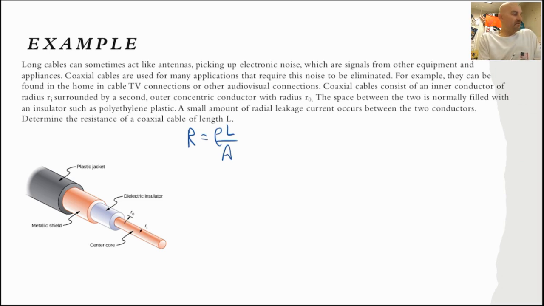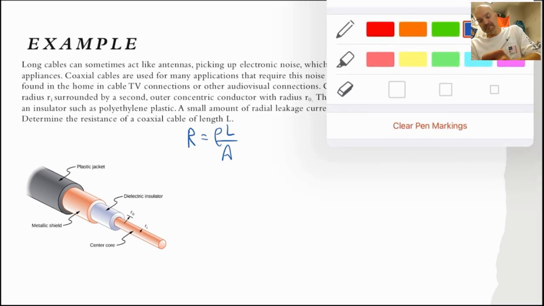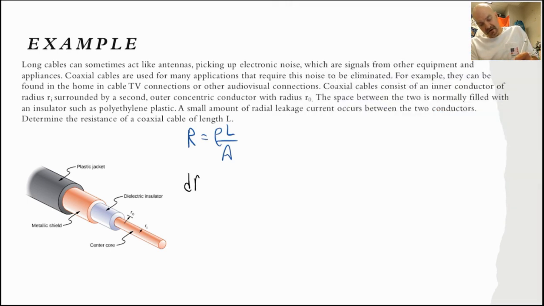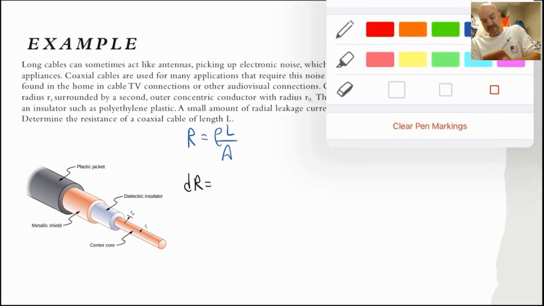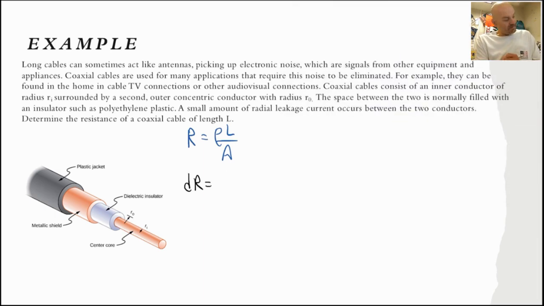Now, because it's going to vary with respect to the length, we need to rewrite this as an integral. So we're going to say rho dr over A, because the radius is going to vary.